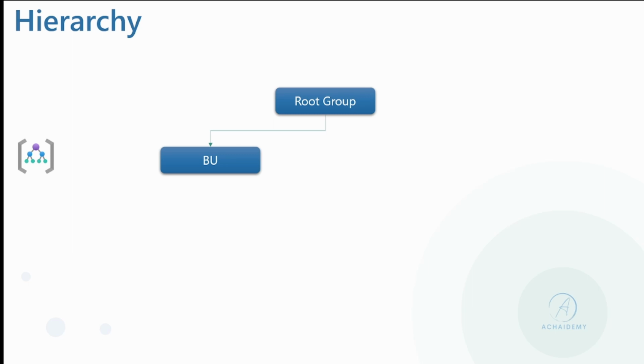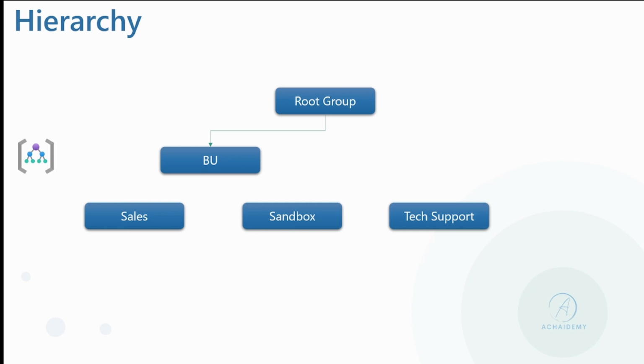Each BU can also have individual teams like sales, development, tech support, legal, and various others. You could define policies for each of these groups separately and still have a common set of policies that are applied at the BU level and at the org level. For example, a sandbox or a dev team will need more admin access into the dev subscription as compared to the production or the staging.